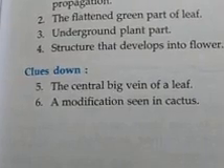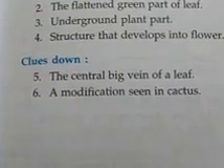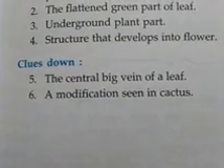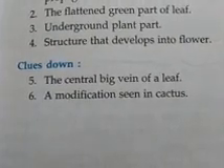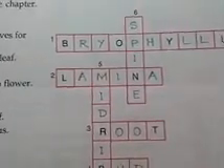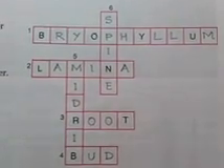Answer bud. The central big vein of a leaf. Answer midrib. A modification seen in cactus. Answer the spine. You will write the puzzle and learn them as single word answers.